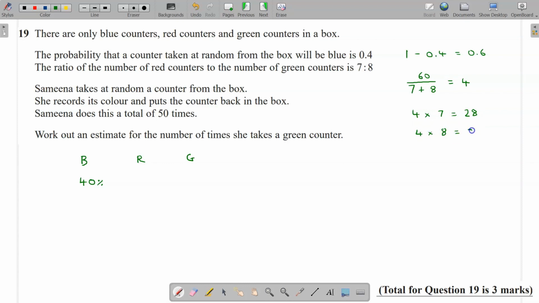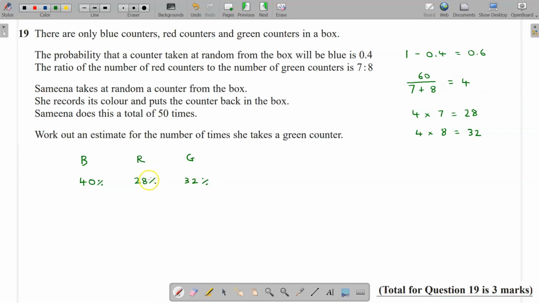Then I can split the red and the green in the ratio 28 to 32%. So 28 to 32. And you see those three numbers add up to 100. So they're now in the right ratio.